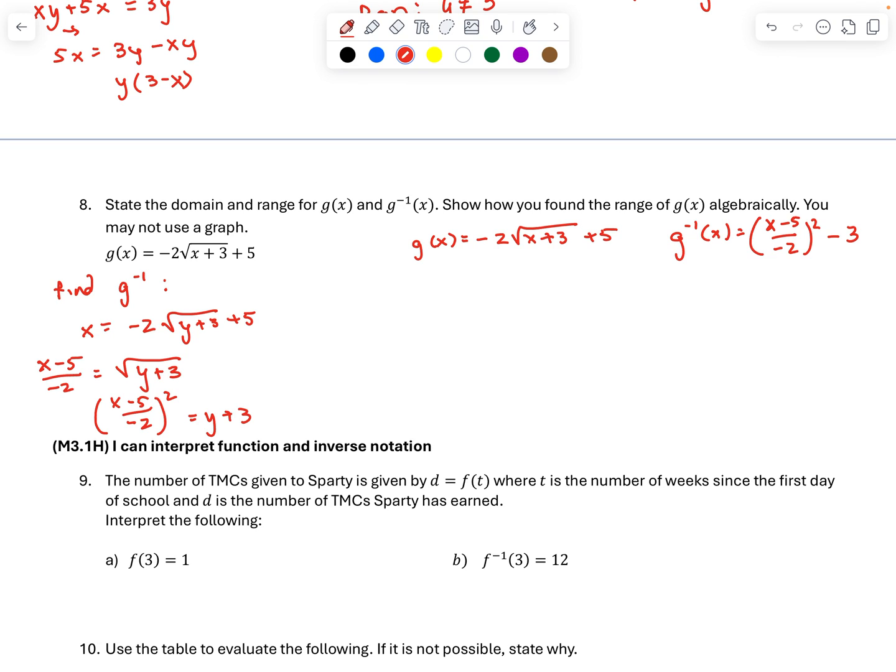Okay, so what's the domain? It's going to be x greater than or equal to -3. Can't take the square root of a negative. Let me write that in blue.